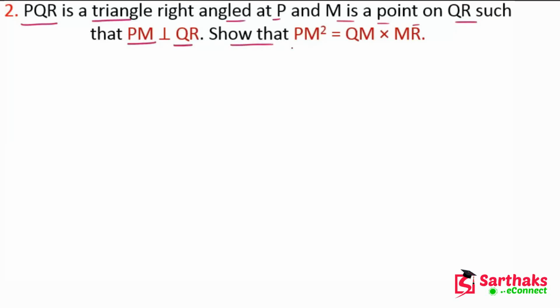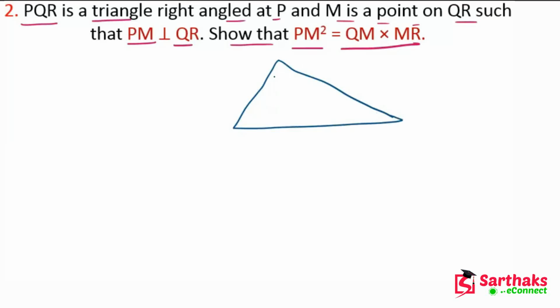Show that PM square is equal to QM into MR. So this question states that, let's suppose we have a triangle like this, PQR.